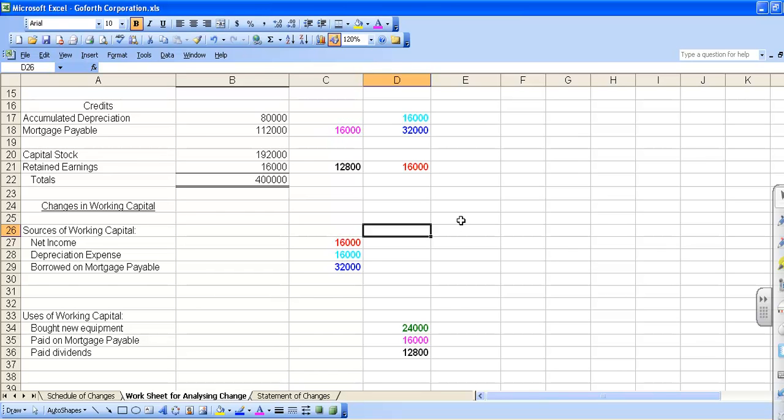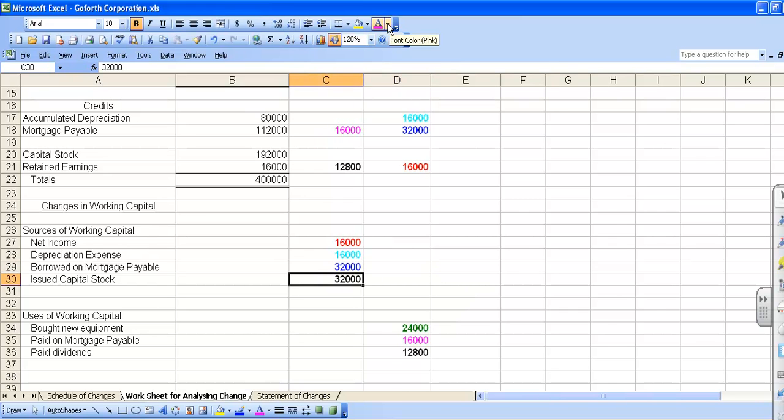And the last one is you issued capital stock. So we're getting more money because we've issued more stock to our shareholders, so we're going to put that under a source of working capital. So we issued capital stock. So we're getting more people to invest in our company. And we did $32,000 there.